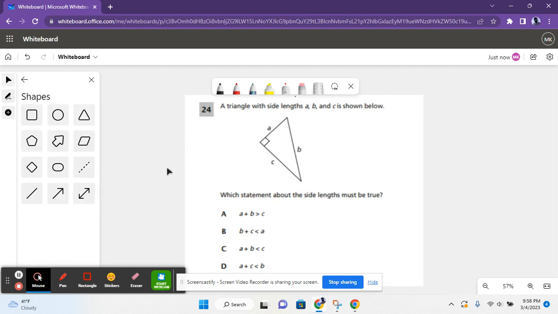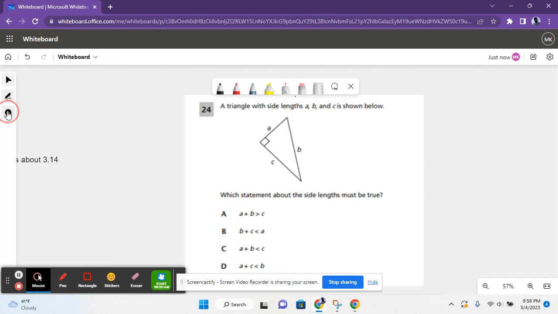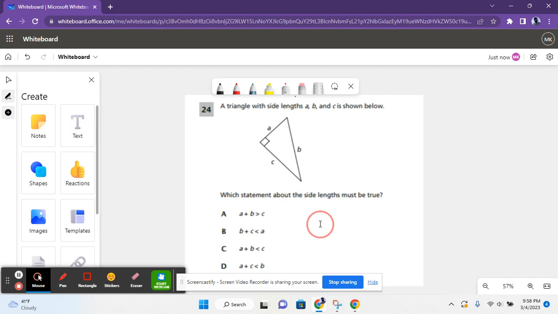So you have to do the Pythagorean theorem, which is a squared plus b squared equals c squared. And a and b are the legs, and c is the hypotenuse, which is the longest side.